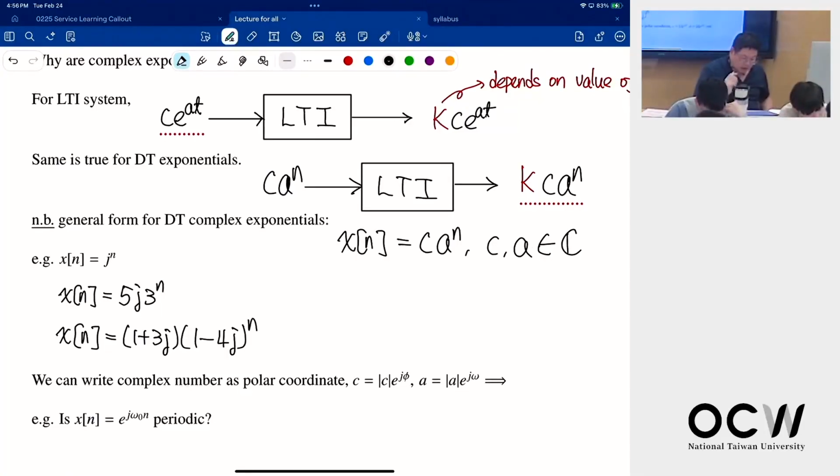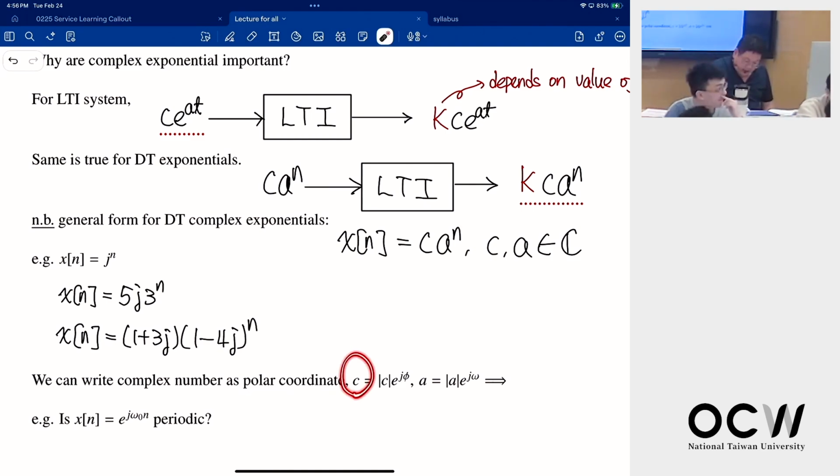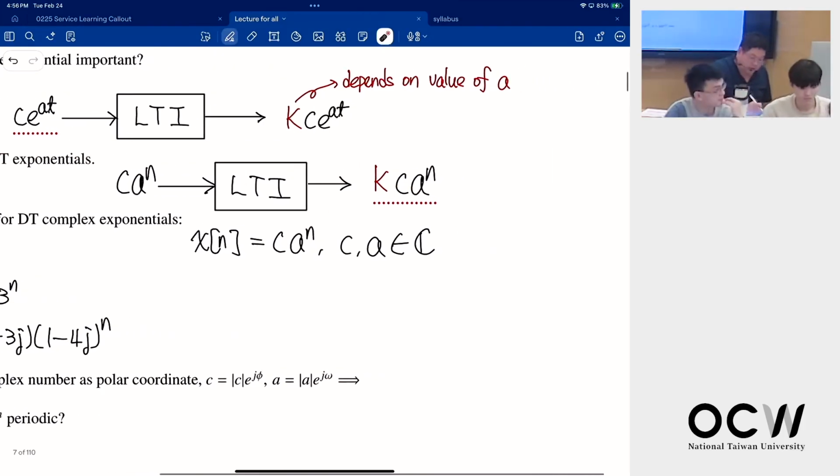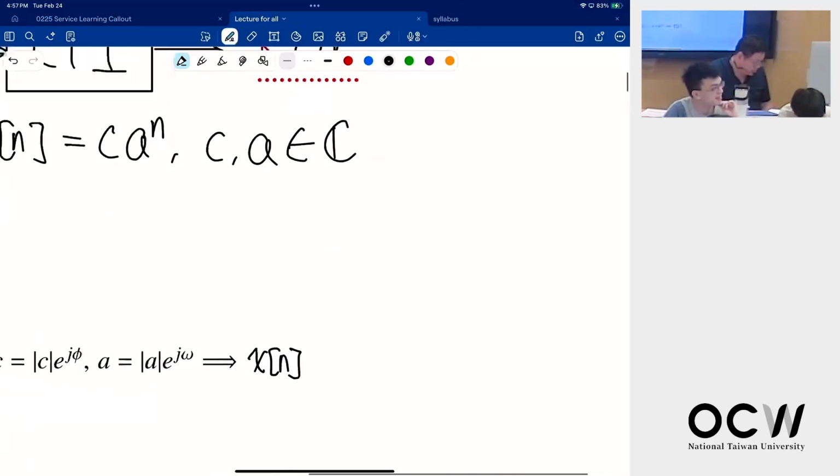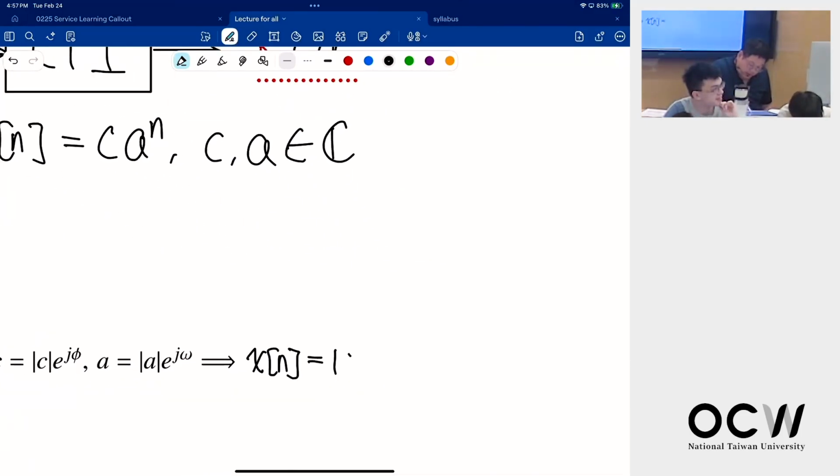We can also write the complex number in polar coordinates. So the c could be the magnitude times the phase. In this case, then your signal x[n] is the magnitude times the phase.